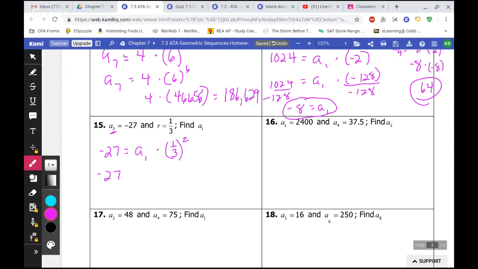So negative 27 is 1/9 of a sub 1. To divide by 1/9 is the same as multiplying by 9. So I'm going to multiply both sides by 9. That's going to be negative 243, the value of the first term, a sub 1.